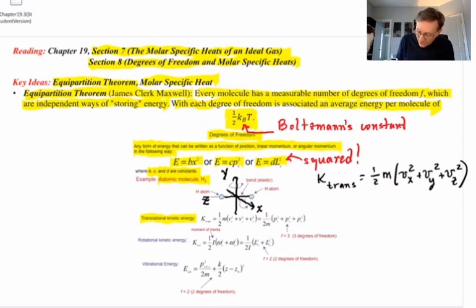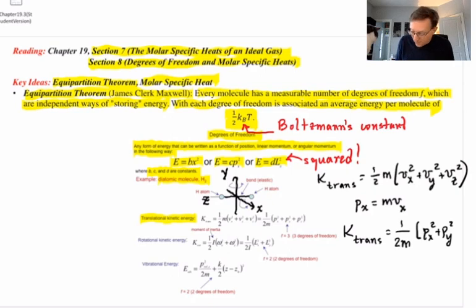And then all you do is a little trick. Remember the formula relating x linear momentum to x velocity? P sub x equals mv sub x. Similar for y components, similar for z components. You can use that to write the K trans expression like this: 1/2m times px squared plus py squared plus pz squared. And that's just from the molecule itself, the barbell, zipping around in three-dimensional space, x, y, and z.